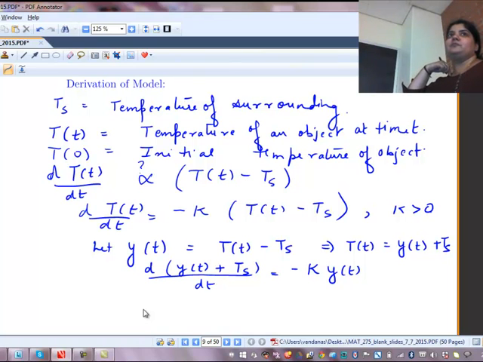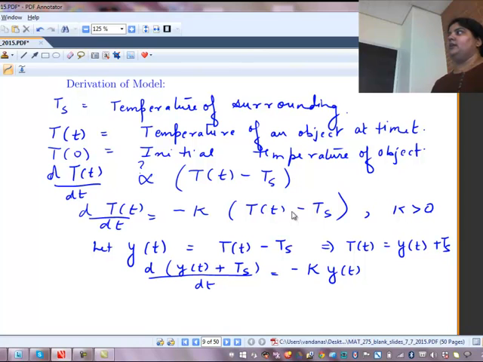So if y(t) equals T(t) minus Ts, and you move the Ts to the other side, then on the right side you just put minus k times y(t). So if you add Ts to both sides, you get T(t), right? So that means T(t) is nothing but y(t) plus Ts.